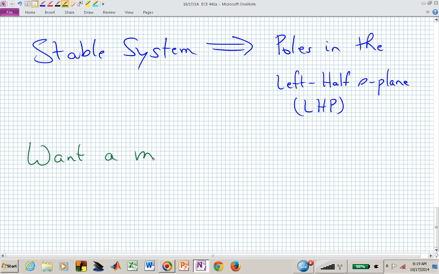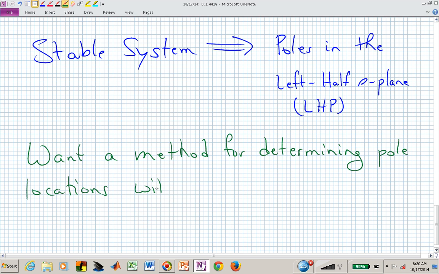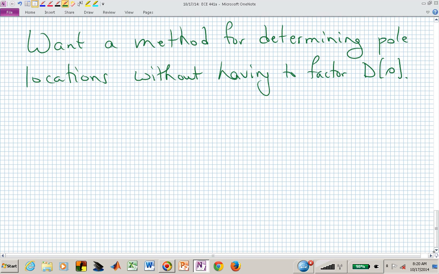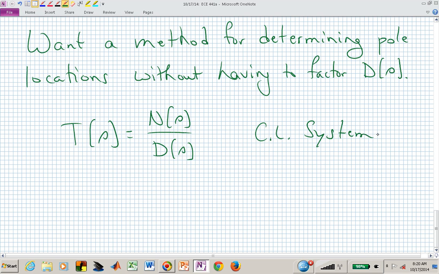We want a method for determining pole locations without having to factor the denominator polynomial d of s, where we have a system, let's say a closed loop system, that we are parameterizing by a numerator polynomial n of s and a denominator polynomial d of s.